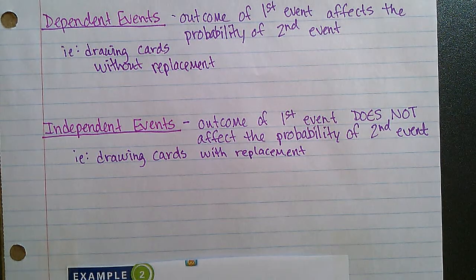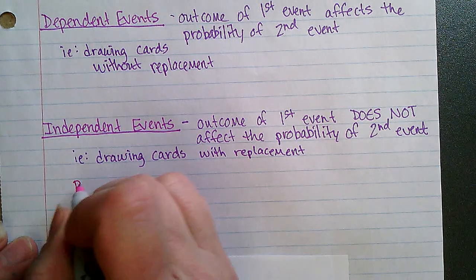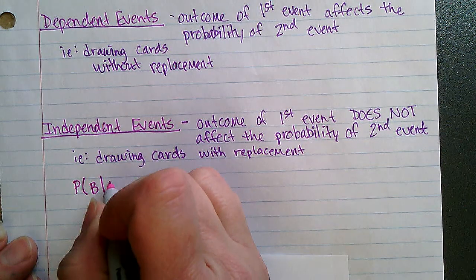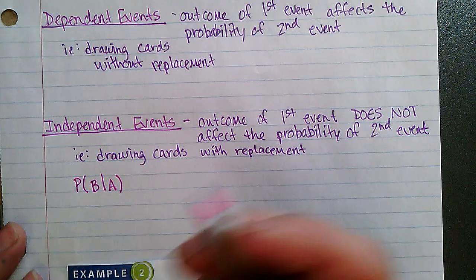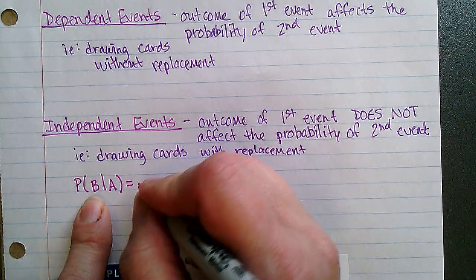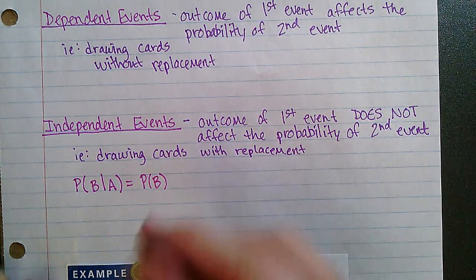When your events are independent, in other words, the probability of the first thing doesn't affect the probability of the second, then the probability of event B happening, given that event A has happened, since A doesn't affect B, would be just equal to the probability of B happening.